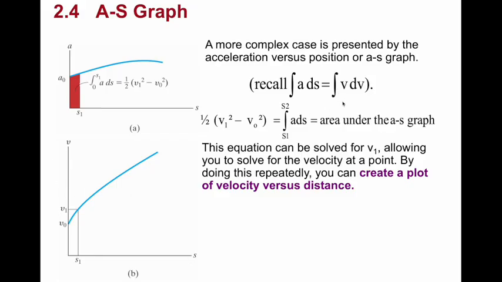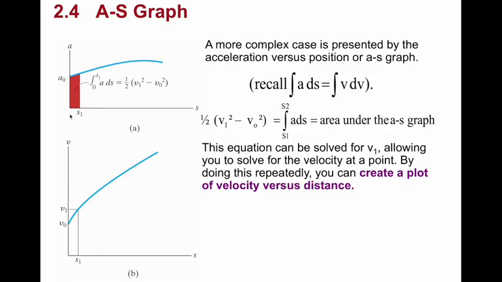If we integrate this equation between s1 and s2 on one side, and between v0 and v1 on the other side, we have 1/2 v1 squared minus 1/2 v0 squared equal to the integration between s1 and s2 in the a-s graph.